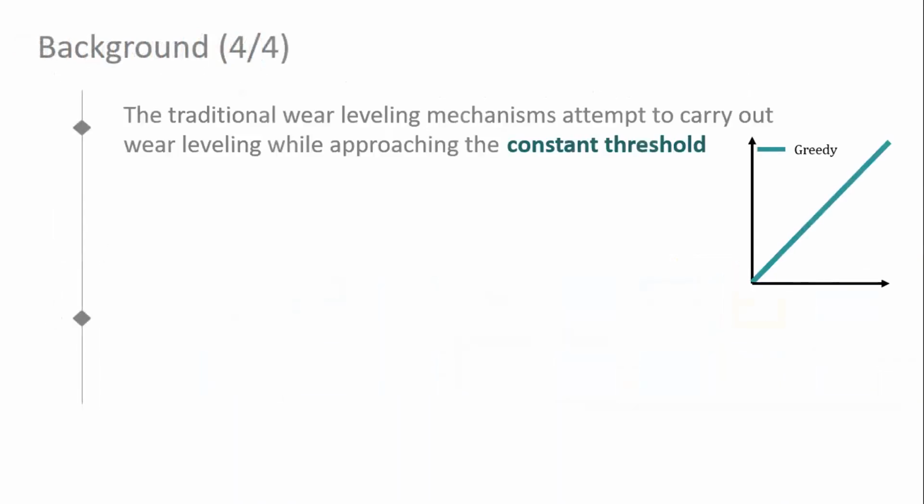The traditional method attempts to carry out wear leveling while approaching a constant threshold. However, such schemes need always keeping an even wear distribution of all blocks during the whole lifetime of SSDs, which must lead to more unnecessary data migrations.